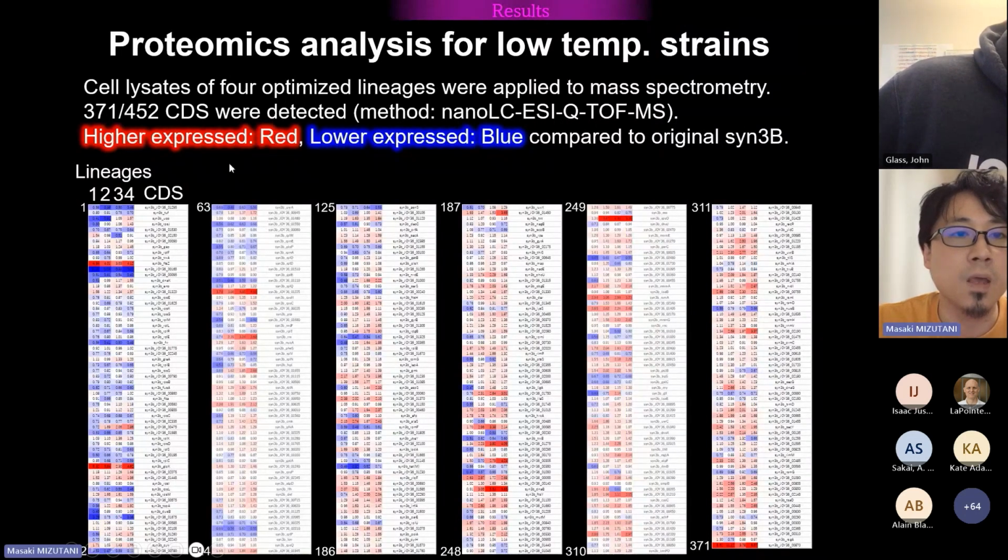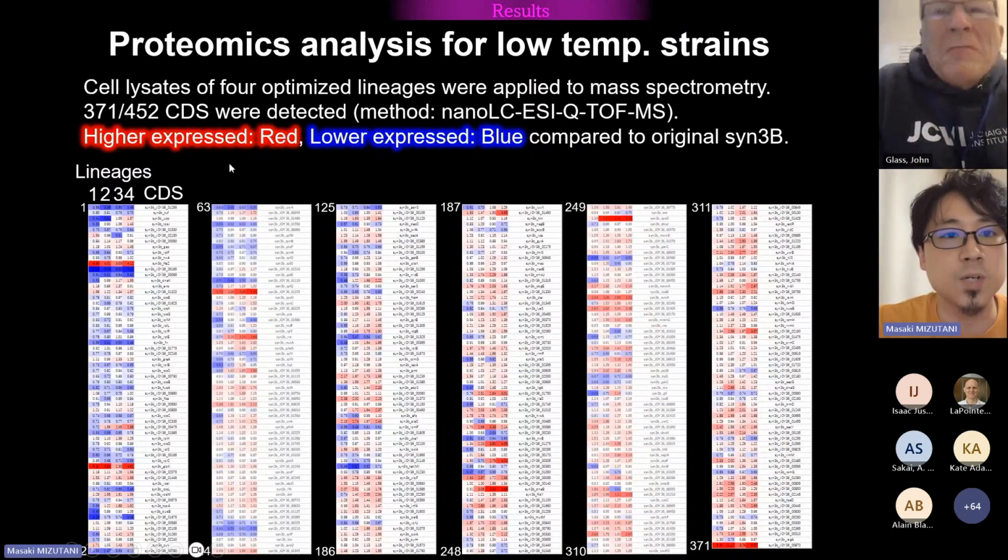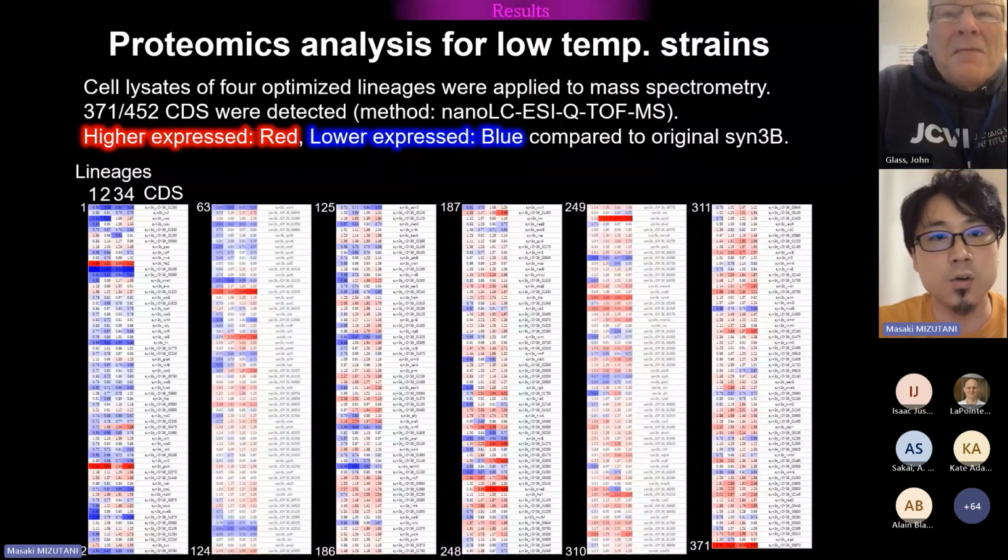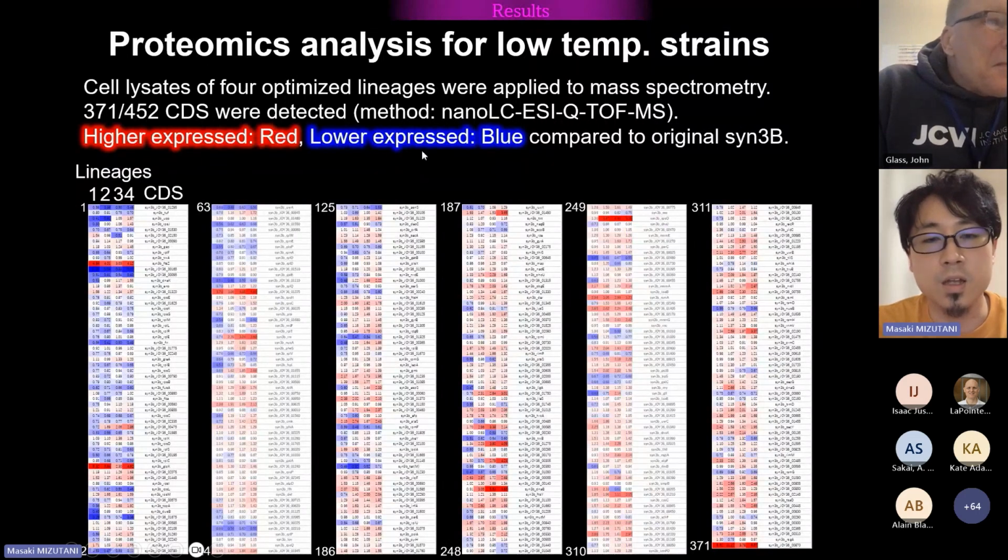If the adaptive strain has a higher expression level compared to the original one, that protein is shown red. When the adaptive strain has a lower expression level than the original strain, it's shown blue.